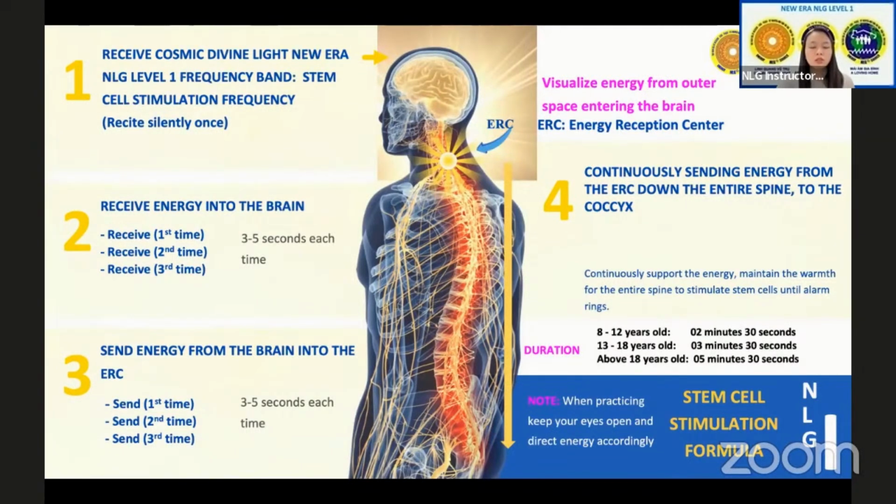You continue to visualize sending energy as instructed here. It doesn't mean that you recite it once and then just sit there and do nothing. We have had participants who didn't understand this, so I'd like to clarify that step 4 is an ongoing thing all the way until the alarm rings.